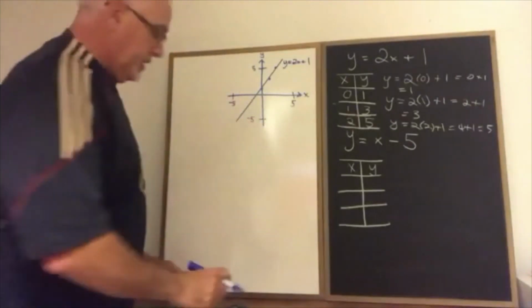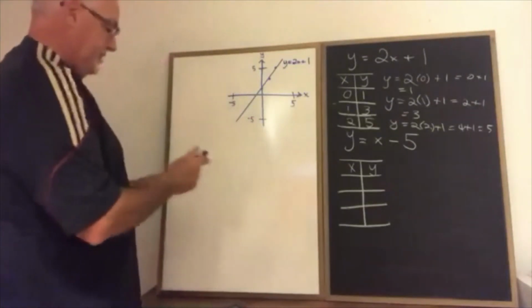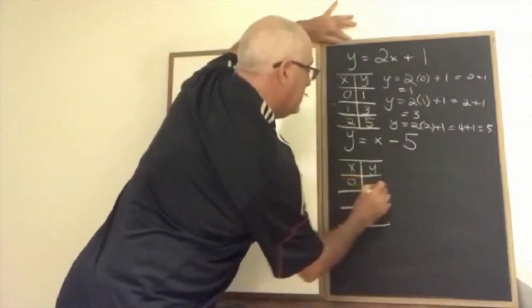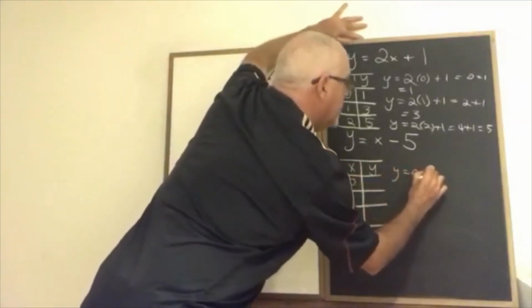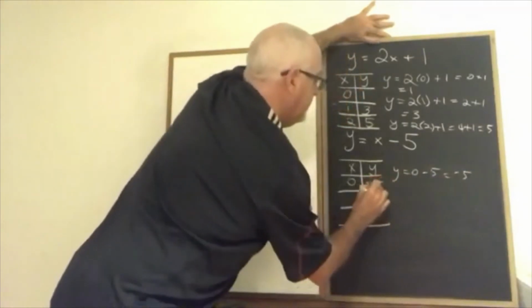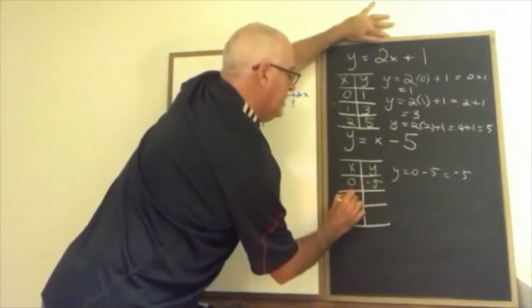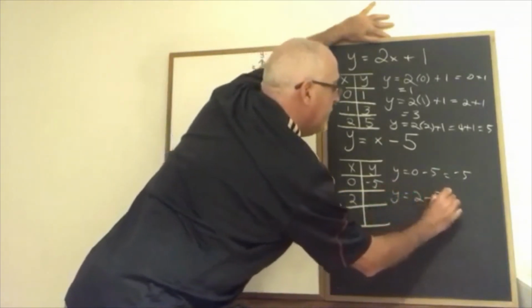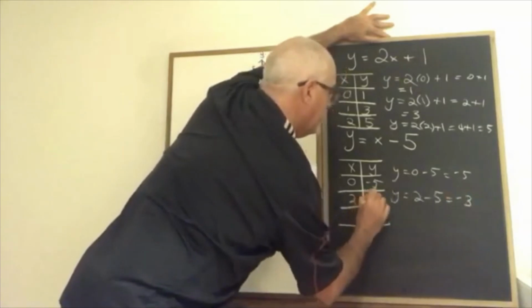The second equation I can do the same way. Y equals x minus 5. If x is 0, y equals 0 minus 5, which is negative 5. If x is 2, y equals 2 minus 5, which is negative 3.